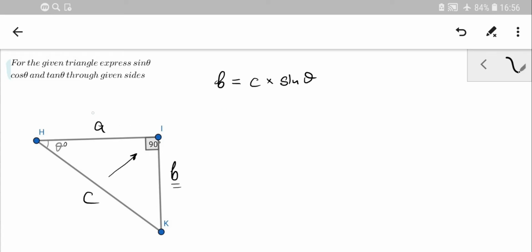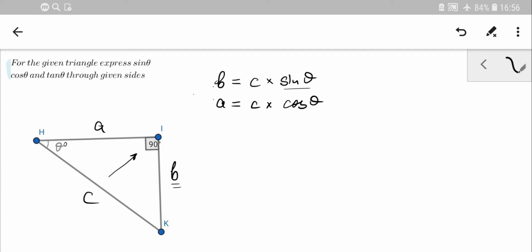Next, let's take A. This is the adjacent side, so we take C in the same manner, but we swap sine into cosine. That's the rule I told you. If you're not sure how the ratios look, just go back to the video and watch the basics, and only then come here.